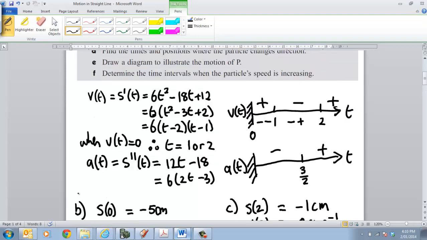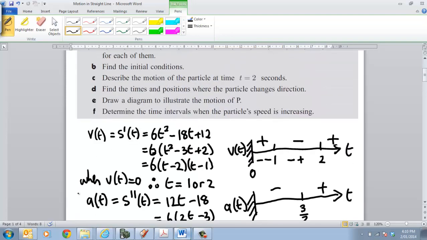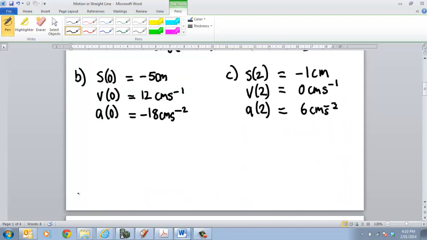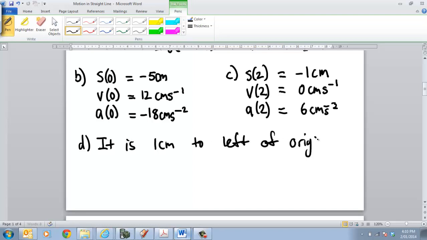You only get marks for your answer, so you don't really have to show all the working out there. And it says describe the motion of the particle at t equals 2 seconds. That's a bit like what we did before. So you'd basically say it is 1 centimetre to the left of the origin, our imaginary place that we base everything from, and stationary.